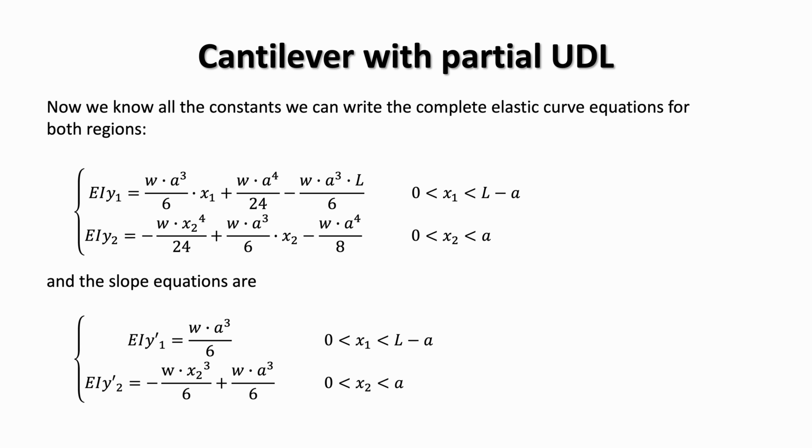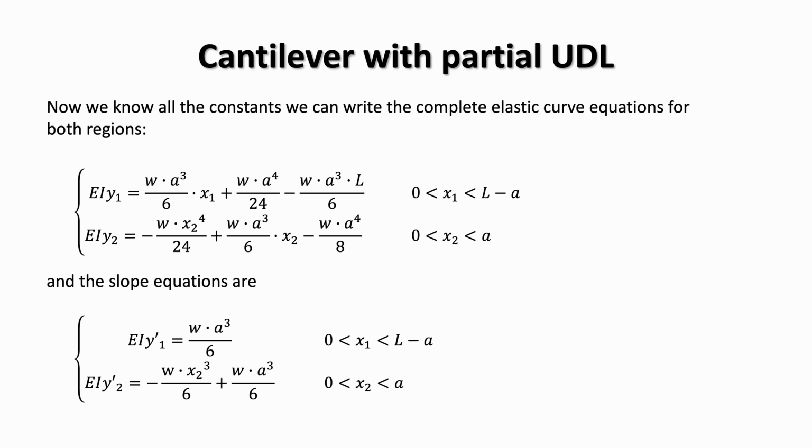The corresponding slope equations give us that EI times the slope in region 1 equals a constant wa cubed over 6, where x1 runs between 0 and L minus a, and that confirms again that the unloaded segment CB has a constant slope. The slope in region 2 times EI equals minus wx2 cubed over 6 plus wa cubed over 6, where x2 once again runs from 0 to a.